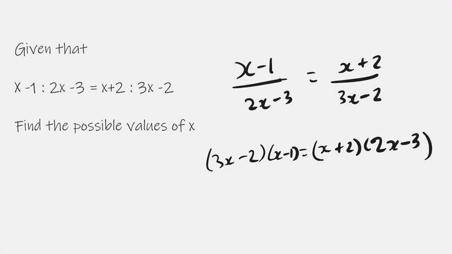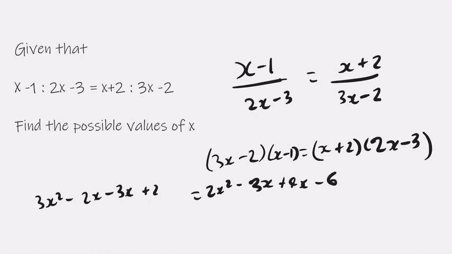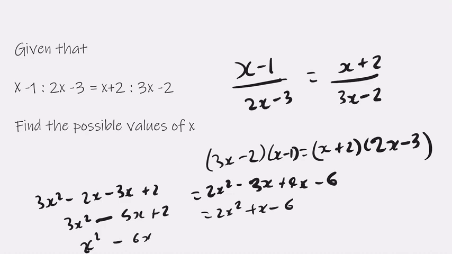Now we can expand both sides. The left-hand side expanded would be 3x squared minus 2x minus 3x plus 2, equals 2x squared minus 3x plus 4x minus 6. So 3x squared minus 5x plus 2 equals 2x squared plus x minus 6. Bring everything to one side: x squared minus 6x plus 8 equals 0.